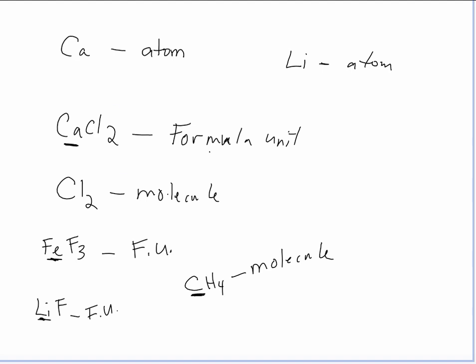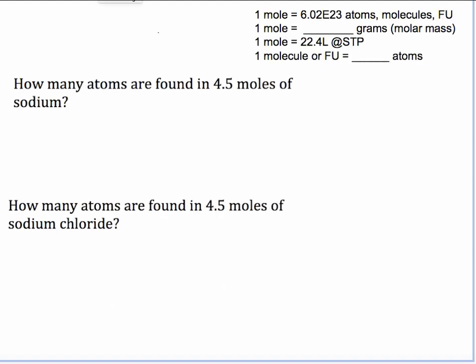Now let's get back to the problem I wanted to do here. How many atoms are found in 4.5 moles of sodium? First you write down 4.5 moles sodium. Then you draw a picket fence. Down here, you're going to put 1 mole sodium.